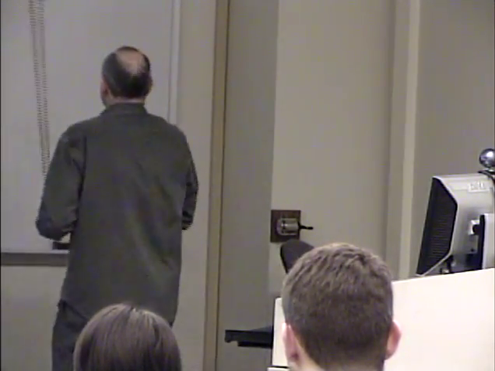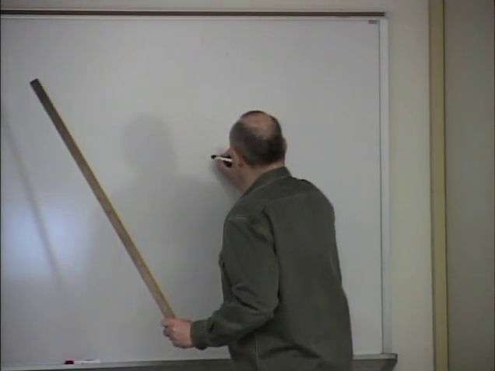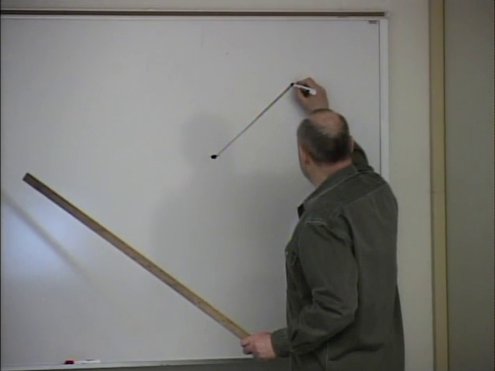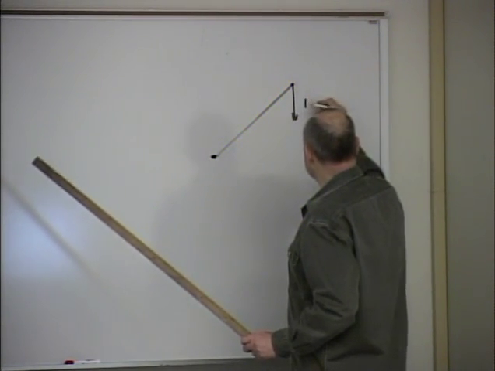So, for example, how about if I do it like that? Over here it is 45 degrees, and I'm pushing it downward again with 1 Newton. What is the magnitude of the torque about this end when I'm applying here a force of 1 Newton?